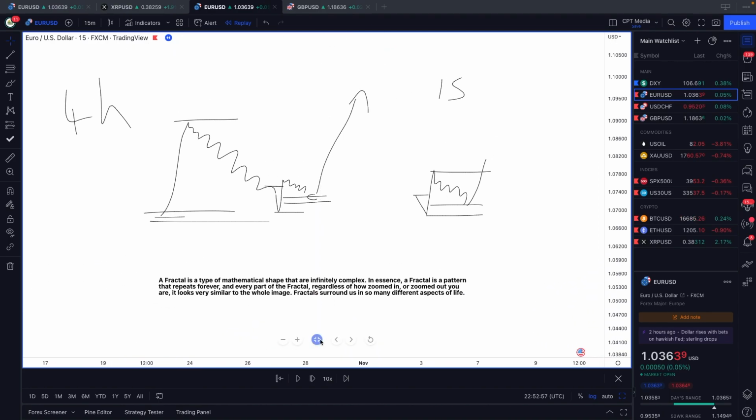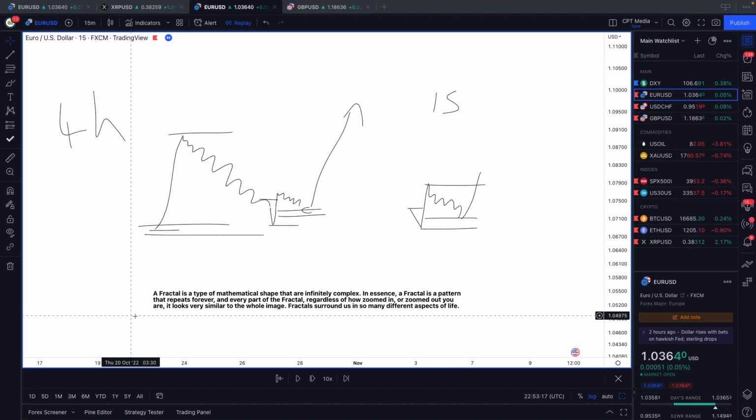Basically, I found a good definition on Google of what a fractal is. A fractal is a type of mathematical shape that is infinitely complex. In essence, a fractal is a pattern that repeats forever, and every part of a fractal, regardless of how zoomed in or zoomed out you are, looks very similar to the whole image. Fractals surround us in many different aspects of life, and this rings very true for trading.